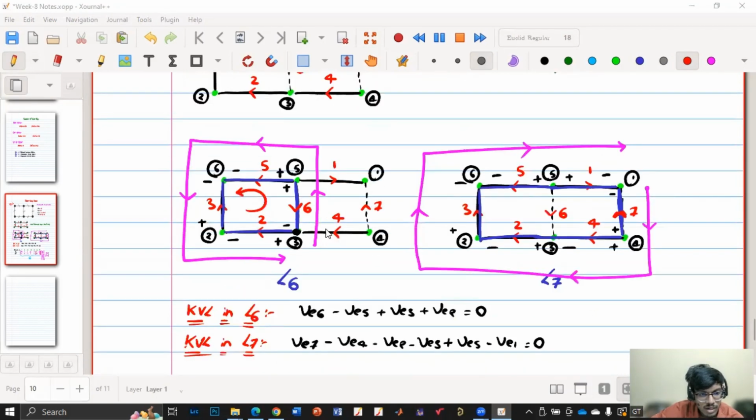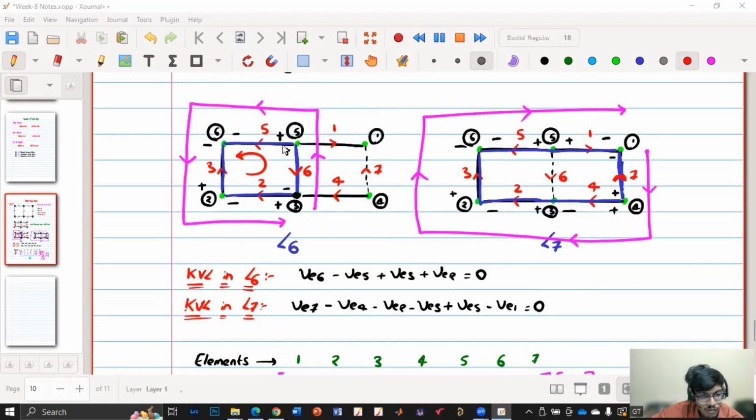So we discussed that in a loop we can go in anti-clockwise direction or in clockwise direction, but the convention is you have to go in that direction so that this link voltage should be positive. So first I have given minus plus plus minus everything.